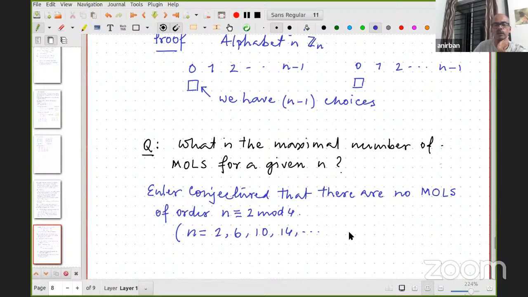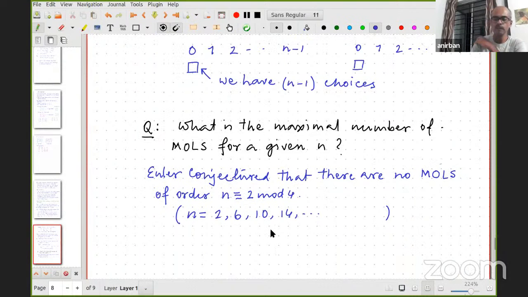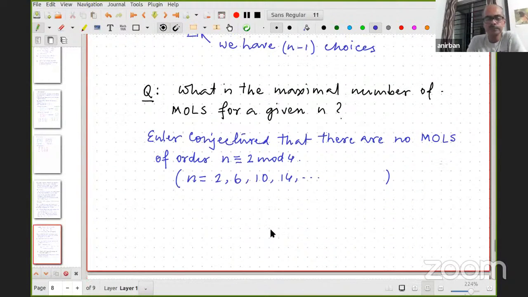So just add 4 to all of them, and it goes on. So 18, etc. So Euler conjectured that you don't have mutually orthogonal Latin squares of order n if n is 2 mod 4, namely if n is one of these numbers. So it also includes 6. He said that this problem cannot be solved, and that is indeed the case.